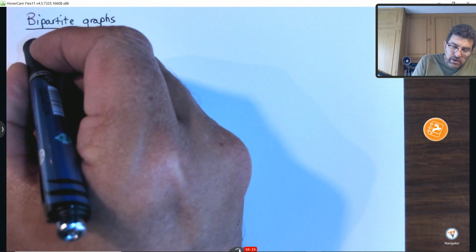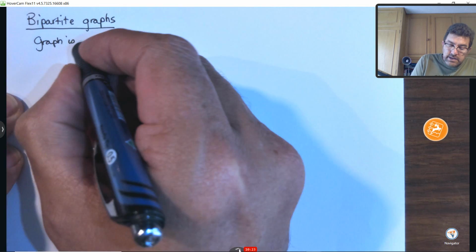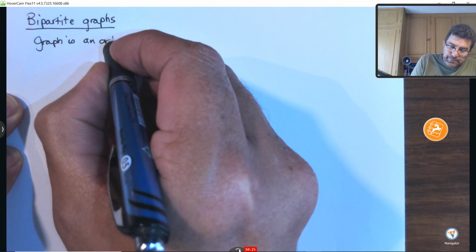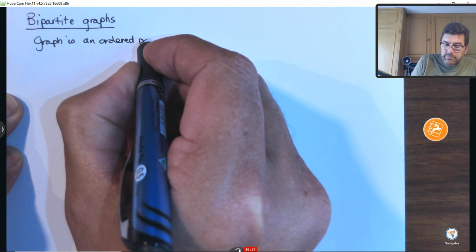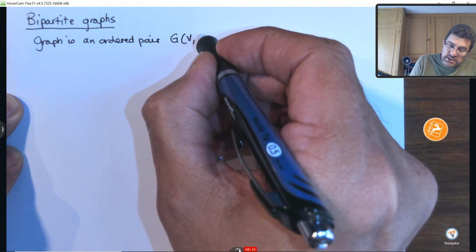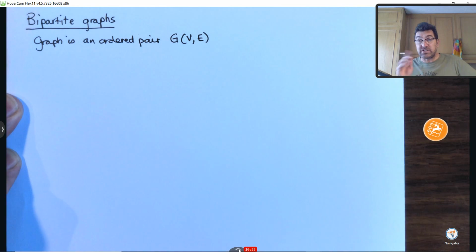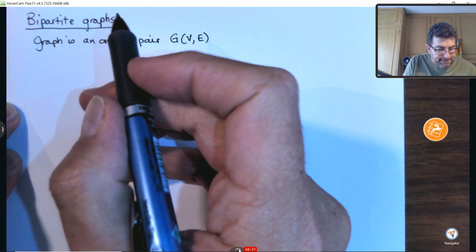So a graph is an ordered pair. Let's just remind ourselves: G consists of the vertex set and the edge set. The vertex set always first, the edge set always mentioned second.